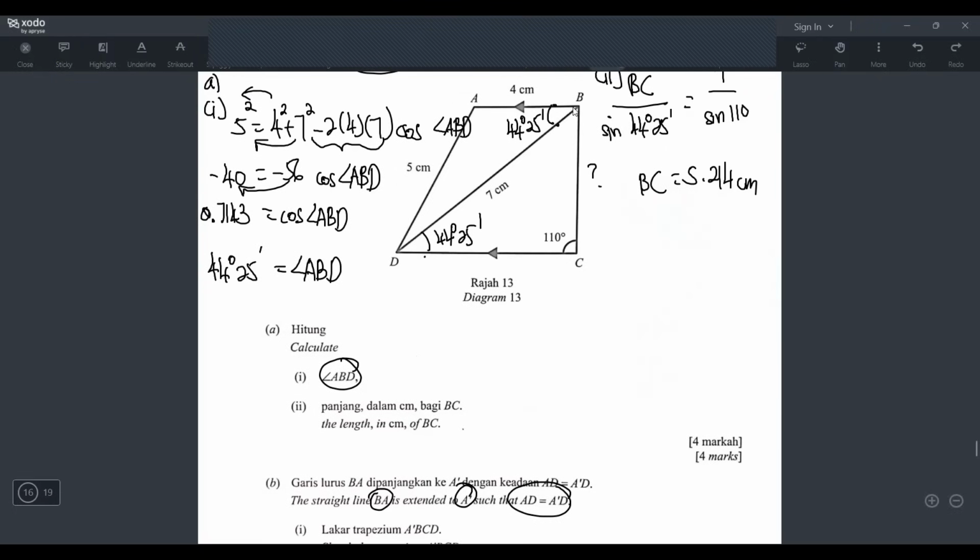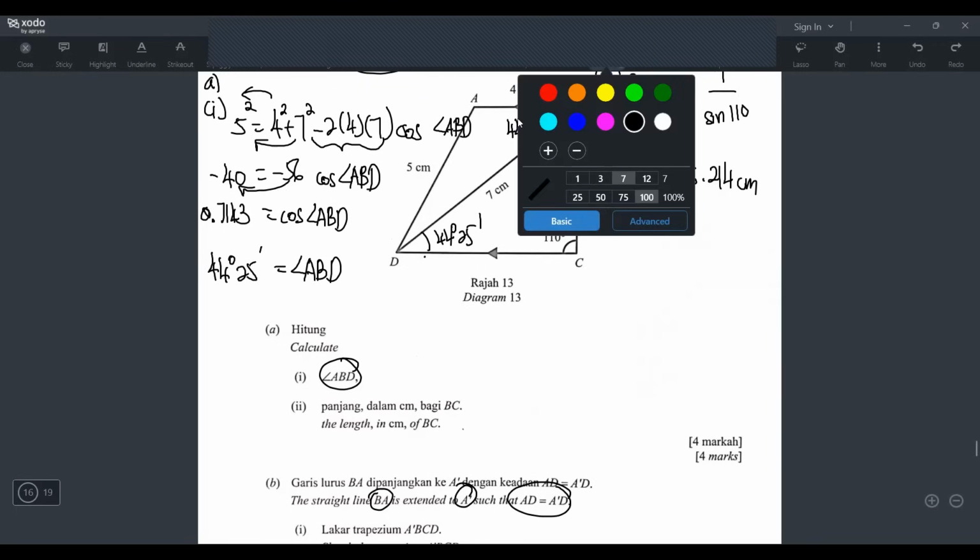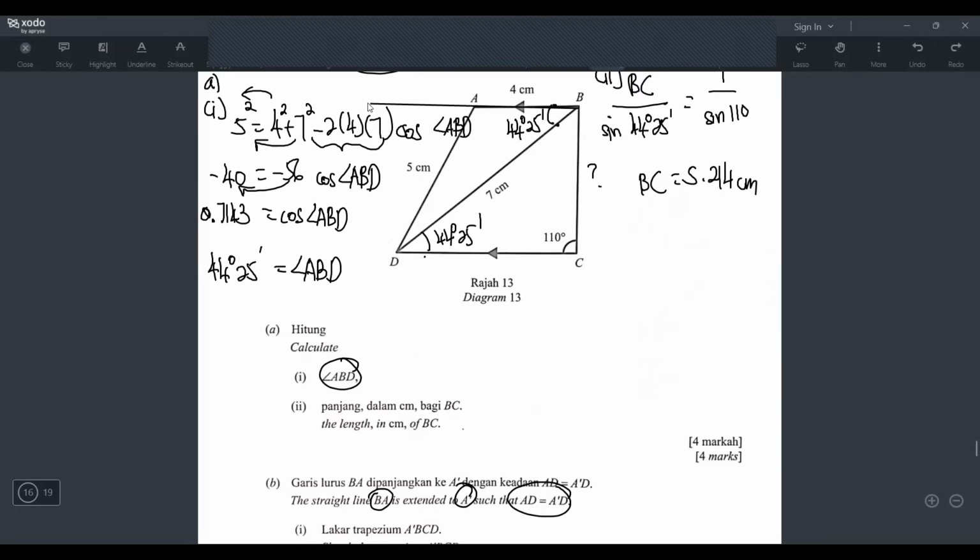So what we do here is extend this line. When we extend, we have to extend until where? Until A prime, right? When it's at A prime, the AD distance and the A prime D will be the same. It means it's like an isosceles triangle. That's what the question means, right?